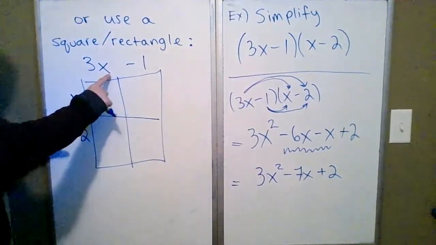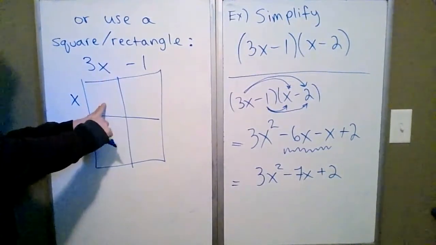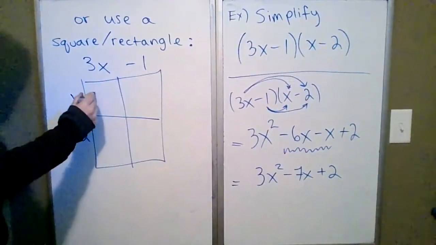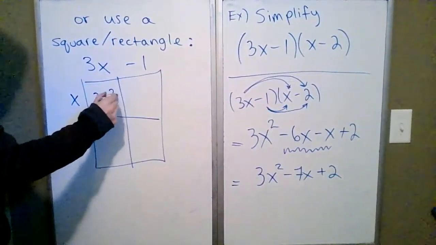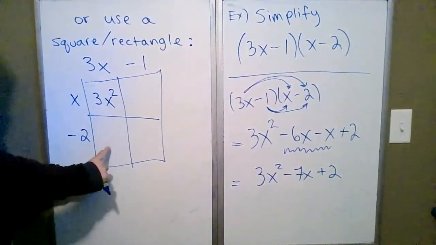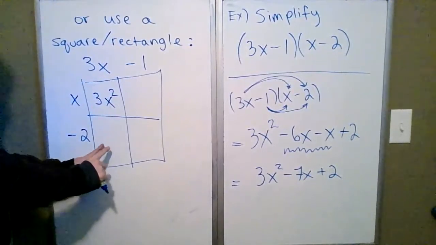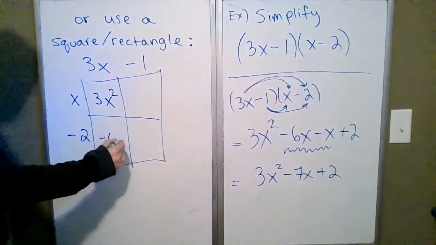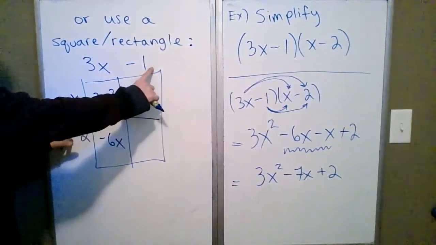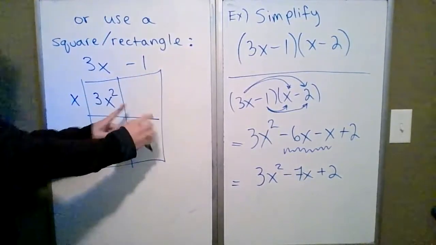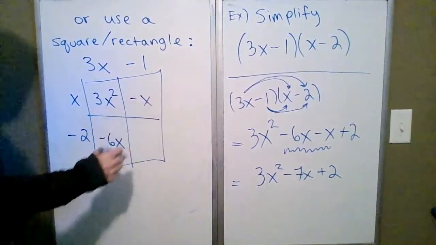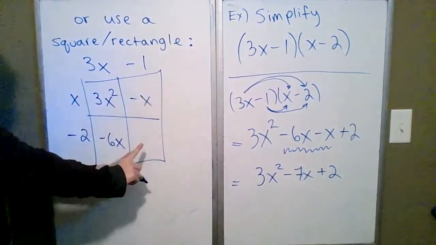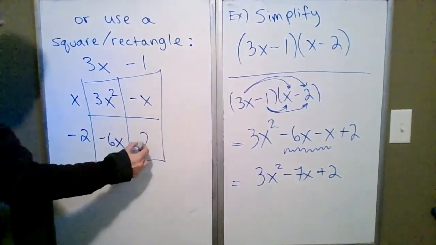And then you multiply the sides. 3x times x is 3x squared. 3x times -2 is -6x. -1 times x is -x. -1 times -2 is +2.